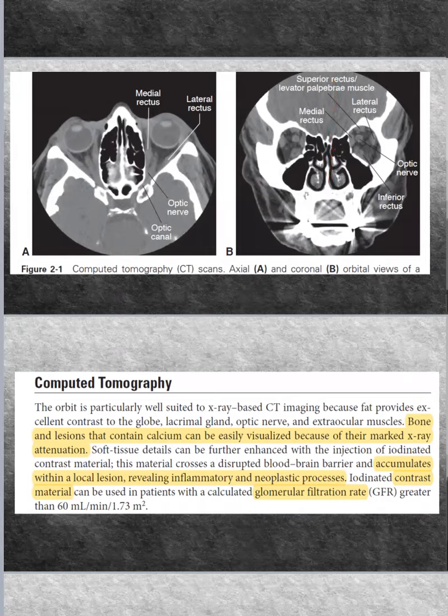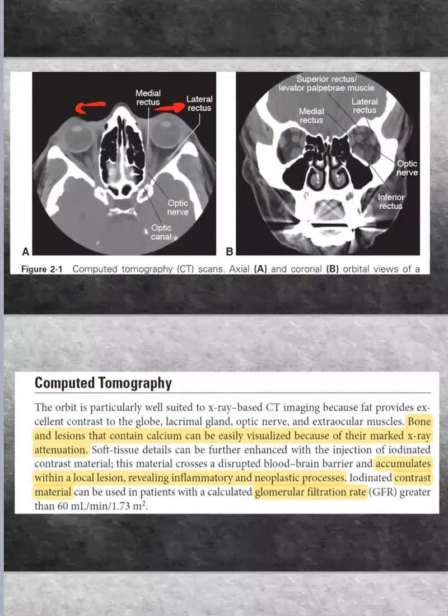Here I have right and left. Sorry, this is right and this is left. I'm looking from below. This is anterior and this is posterior, so this is called the anteroposterior section.